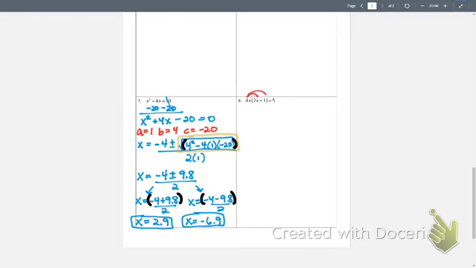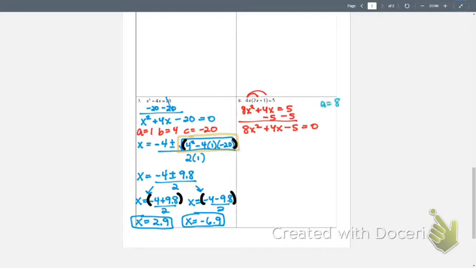So on number 8, you're going to have to start out by distributing. So we get 8x squared plus 4x equals 5. Now you have to subtract 5, so you have 8x squared plus 4x minus 5 equals 0. Now you're going to define your a, your b, and your c.